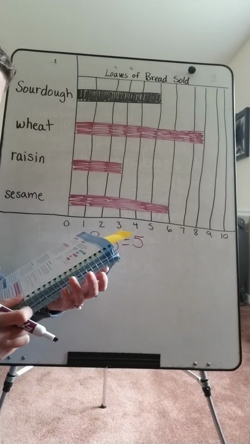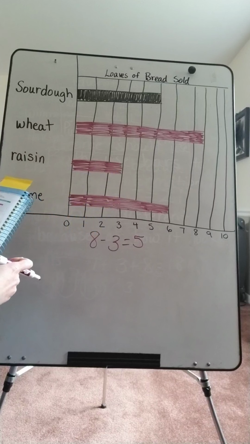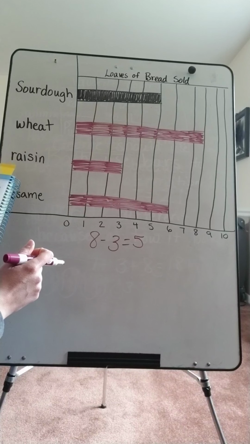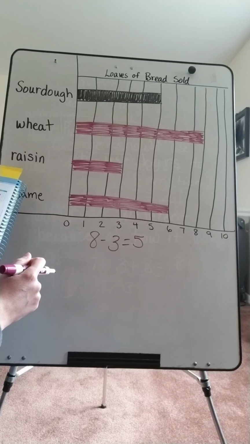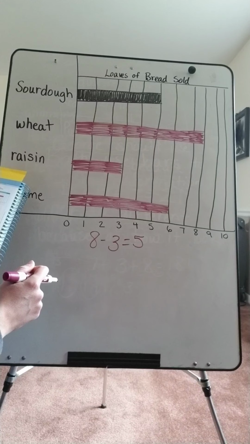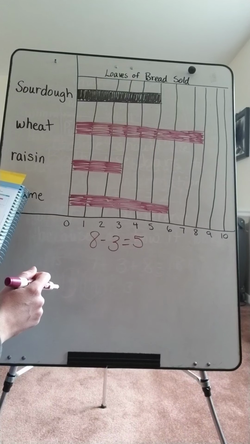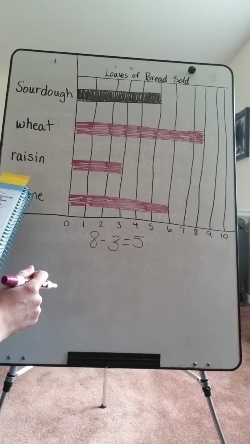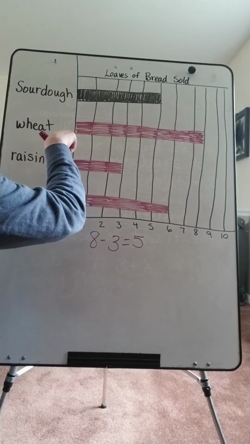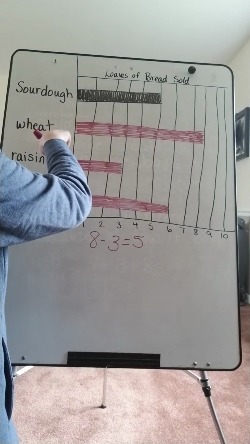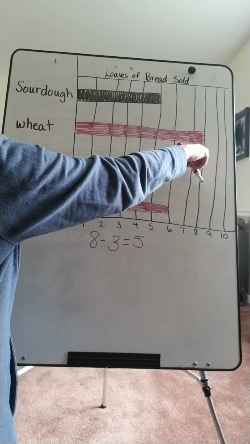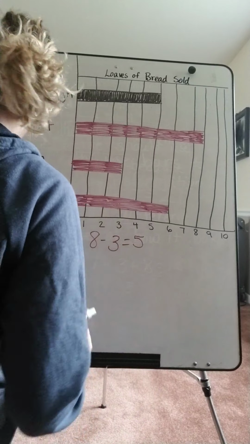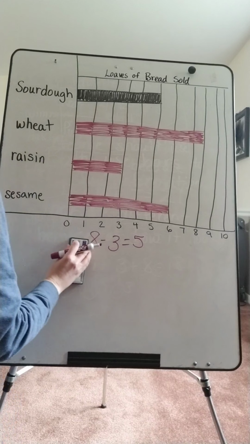Problem solving. Use the data about the loaves of bread to solve. Number 3, later another 15 loaves of wheat bread are sold, but no more loaves of raisin bread. How many more wheat loaves than raisin loaves are sold now? So far we have 8 wheat. They're telling us that we sold another 15.